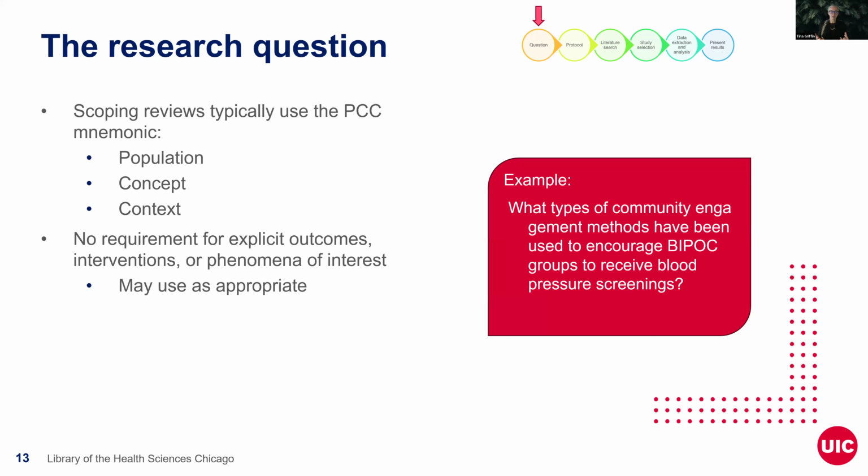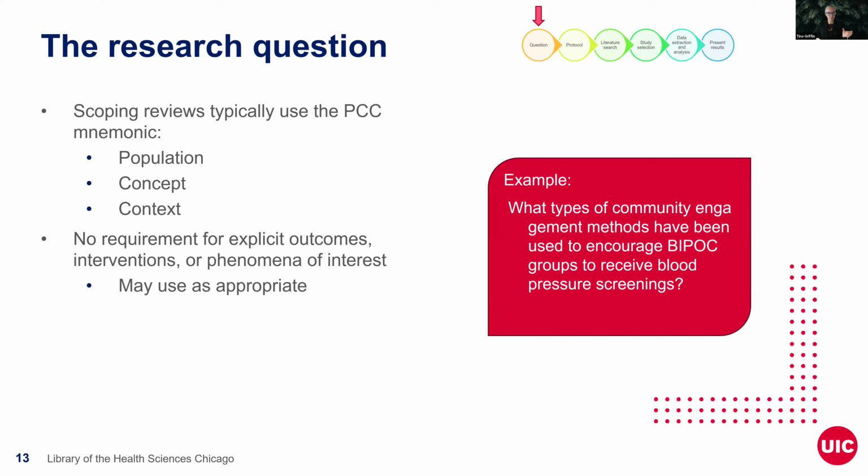This is a very, very open question. Sorry, I got ahead of myself there. The population of interest is BIPOC communities, we are looking at methods of community engagement, and we want to see who has received blood pressure screenings and how they have been encouraged to receive them. Three very broad topics.